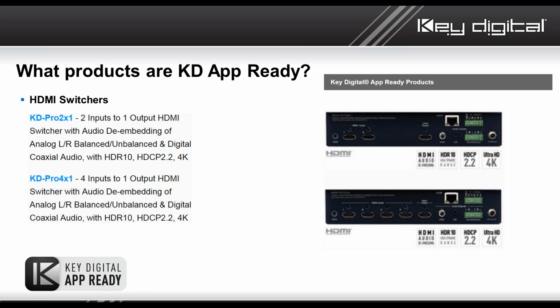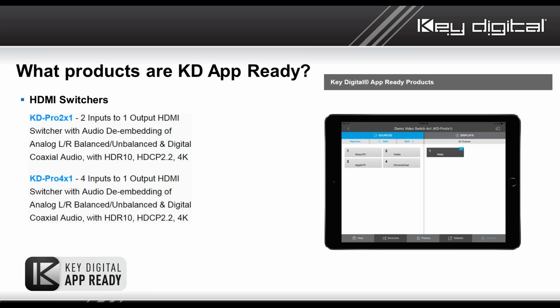Look no further than KeyDigital's KD Pro 2x1 and KD Pro 4x1, 2 and 4 input to 1 output HDMI matrix switchers, also with audio de-embedding. They can control those switchers right there on a mounted iOS device using the KeyDigital app. And there's also a plethora of other control options for the KD Pro 2x1 and KD Pro 4x1.